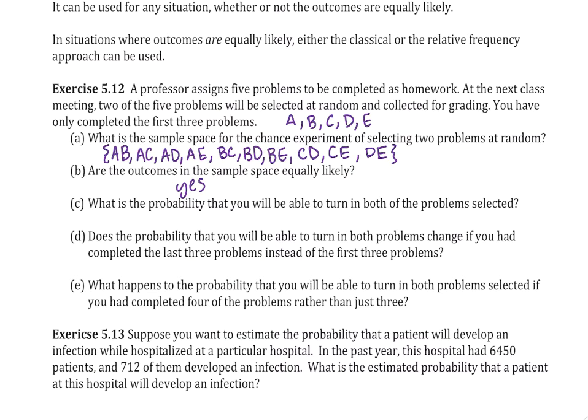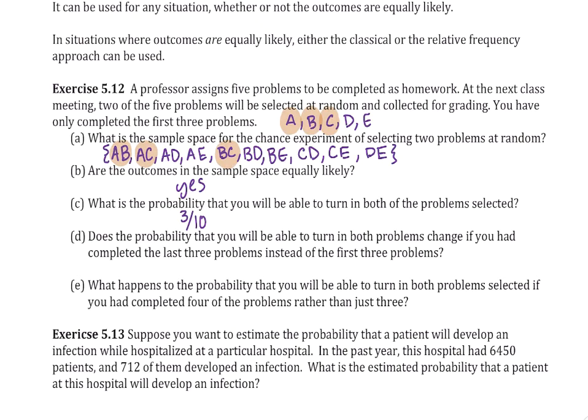You've done the first 3, so that's A, B, and C. Which combinations have only A, B, and C in them? We have one here, and one there. And that's it. So if you've only done the first 3 problems, you only have a 3 out of 10 chance that you'll be able to turn in both problems selected.